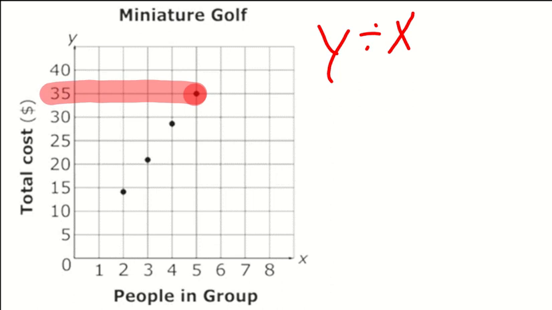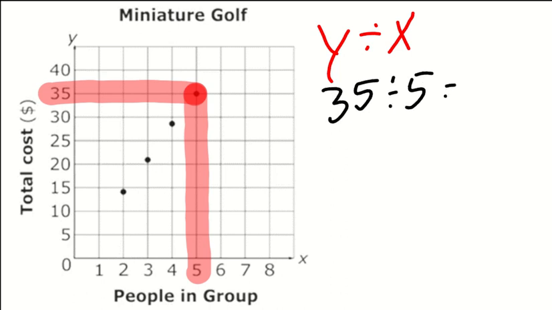So my y value is 35. My x value is 5. So 35 divided by 5 is 7. So if I do the 35 divided by 5, that gives me 7.